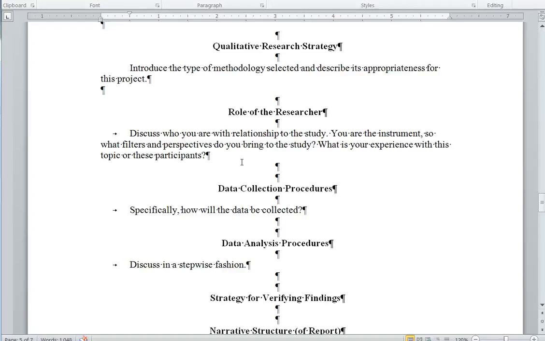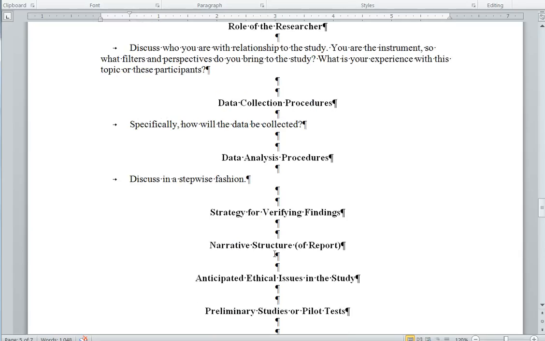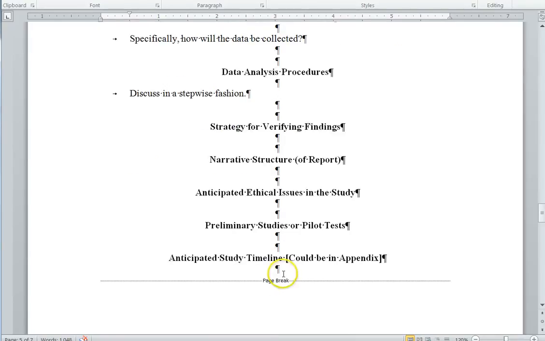And here's where you do that in your role of the researcher. Data collection procedures, data analysis procedures, and the strategy for verifying the findings. You also want to talk about any anticipated ethical issues and anticipated study timeline.